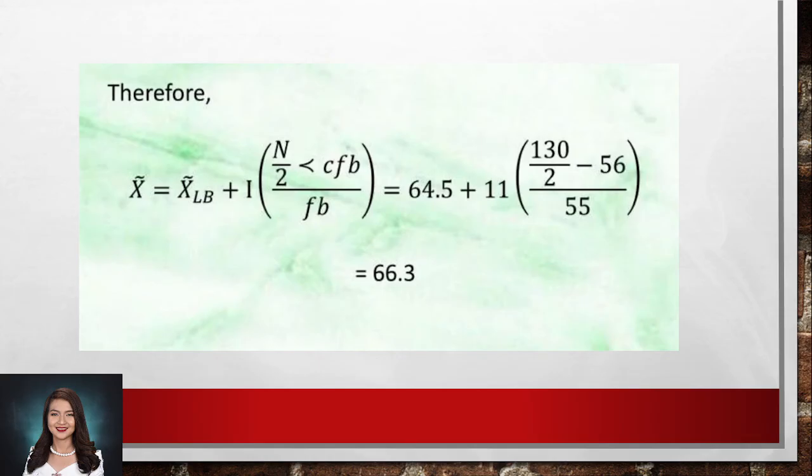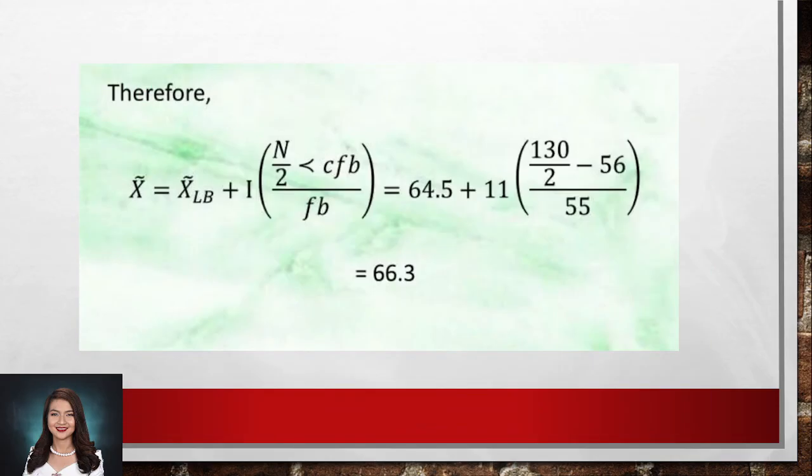If we're going to use the formula that I presented a while ago, median is equal to the lower boundary plus the class size multiplied by n divided by 2 minus the less than cumulative frequency all over fm. It is equal now to our lower boundary a while ago, 64.5, plus our class size, which is 11, multiplied by 130 divided by 2 minus 56 all over 55, and the total is 66.3.